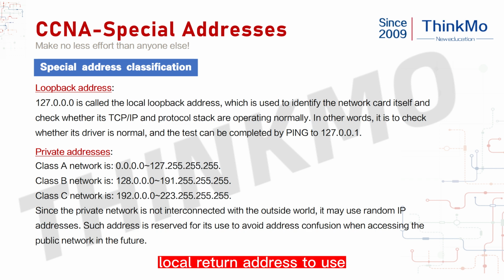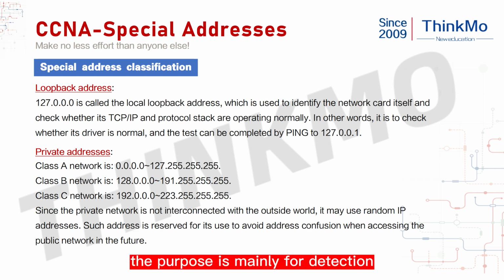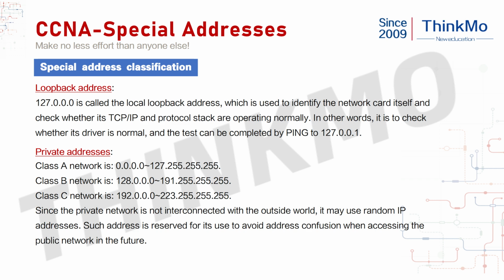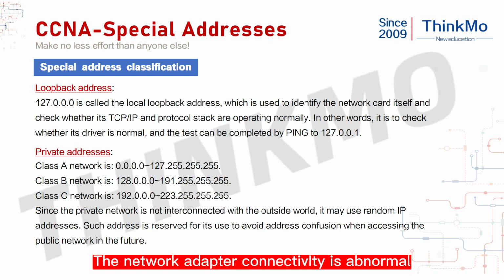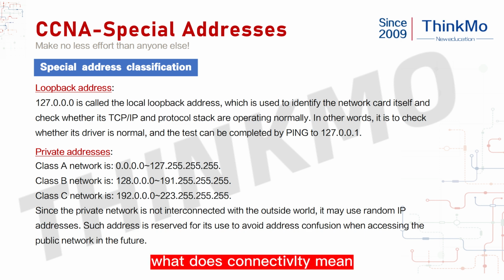The local loopback address is used mainly for detection, to detect whether the network adapter connectivity is abnormal. What does connectivity mean? In short, whether the network card is good or bad, whether the driver of the network card is good, whether the network adapter is faulty. So how do you test that?